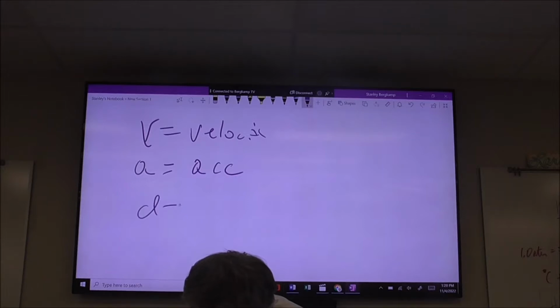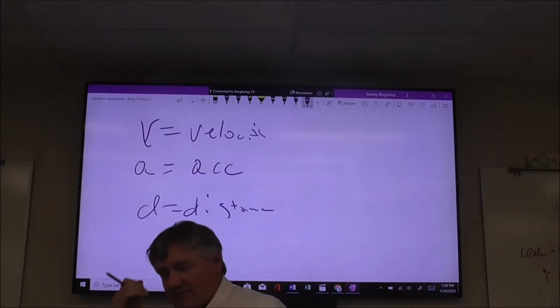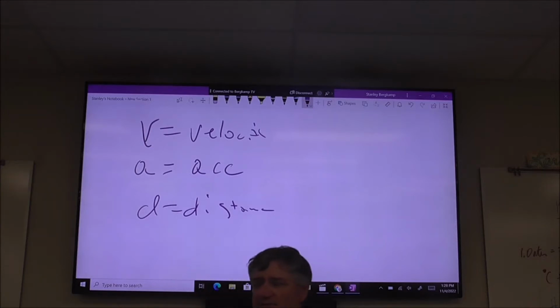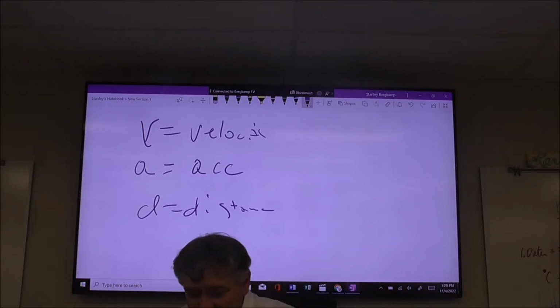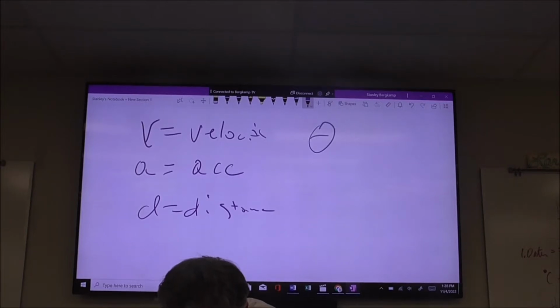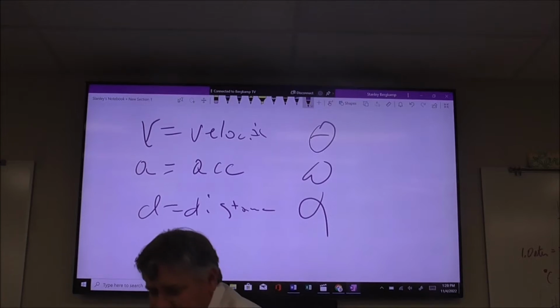And they had D for distance, okay? So the angular physicists were going, what do we have left? They said, oh, you've got the Greek alphabet. Okay, we'll delve into the Greek alphabet. So when you describe angular motion, there's three Greek letters that you're going to use a lot: theta, omega, and alpha, okay?